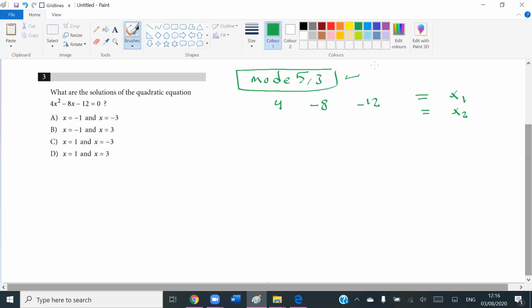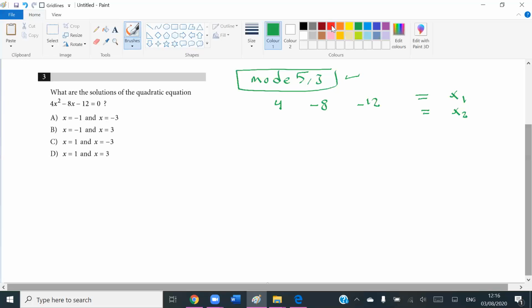But if we need to solve without a calculator, in this case, you need to factor. How can we use factoring in this equation? Of course, if we use factoring with 4 and 8 and 12, these are complicated numbers. The first step, you need to look at the equation, and see if you can simplify it.